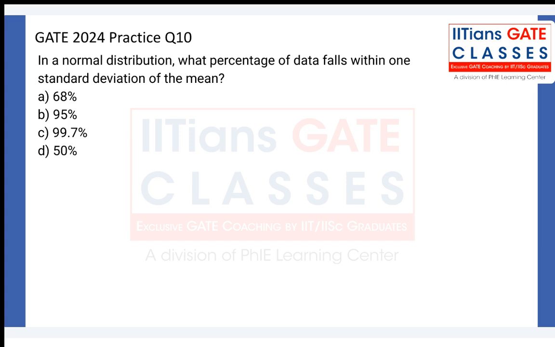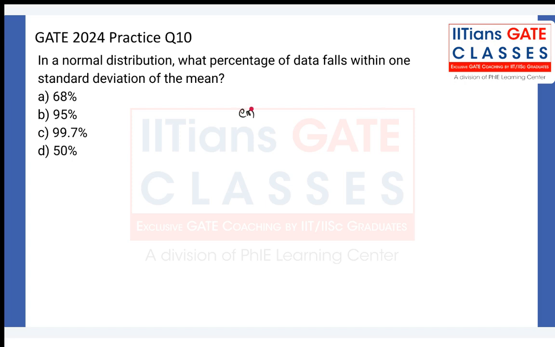What percentage of data falls within one standard deviation of the mean? Okay, so do you know the rule? If you know the rule, you will be able to answer.